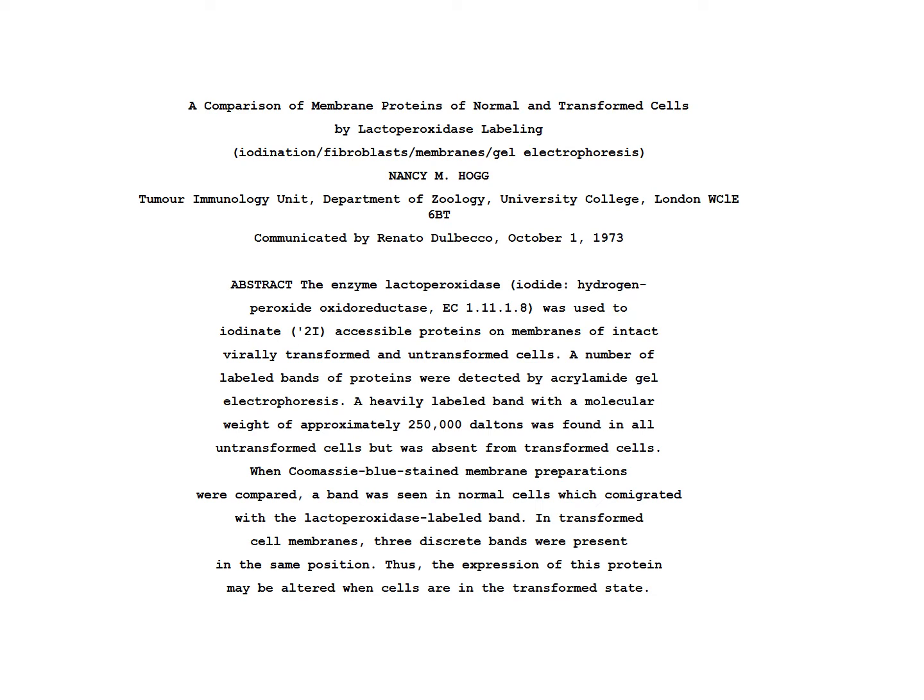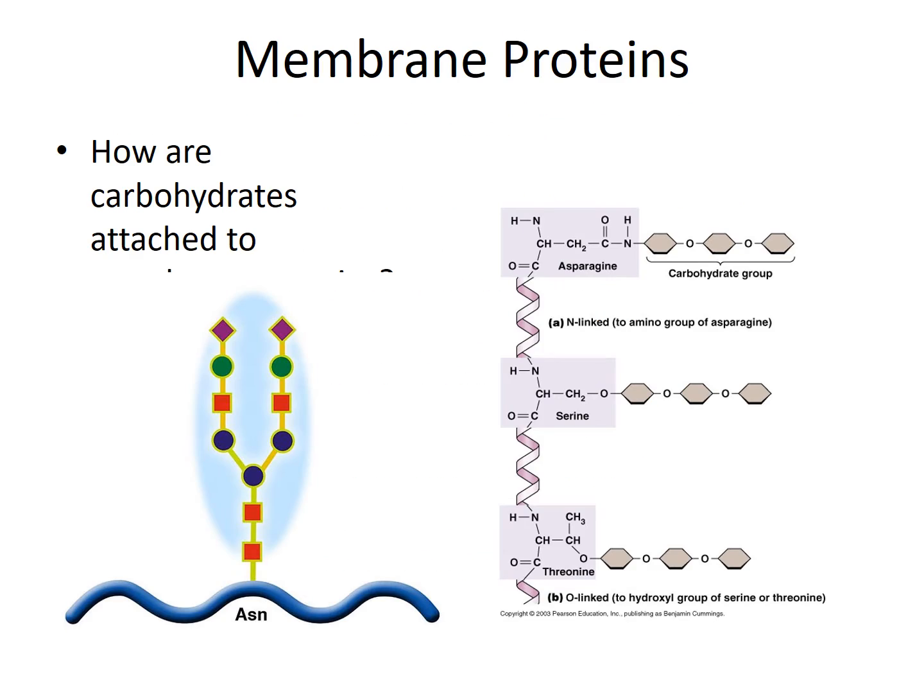So now we can compare: is a protein transmembrane, or is it peripheral? That shows that. And so this was the original technique where they were looking at cells with lactoperoxidase.